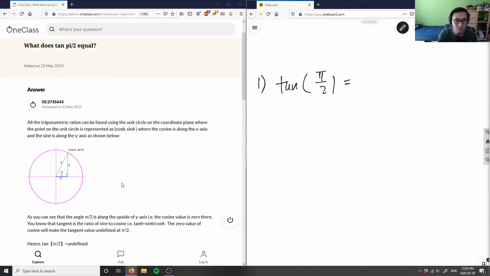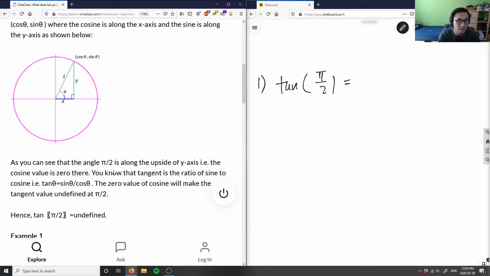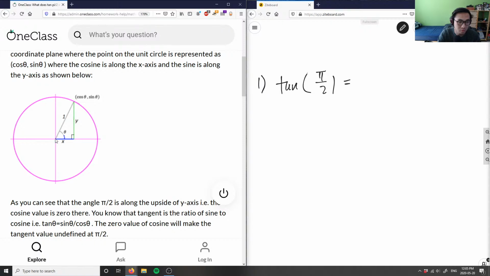It says all trigonometric ratios can be found using the unit circle. Let me zoom in, because this is a pretty good diagram. You have a unit circle, some type of x and some type of y, and we know that this length here is 1, and we want to look at this theta.